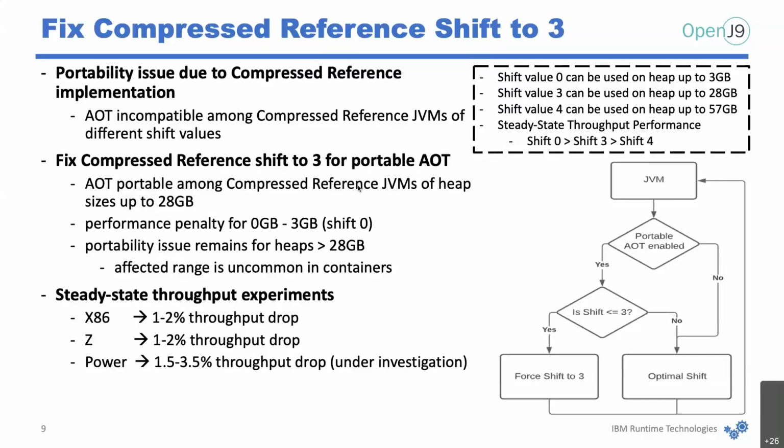So this is still under investigation. We understand that when it comes to portability and performance, it's always going to be a trade-off. So we're accepting this penalty and moving forward with the solution. Also keep in mind that the performance penalty only exists when the user wants to have portable AOT code.